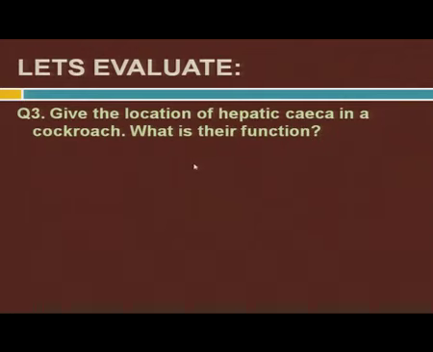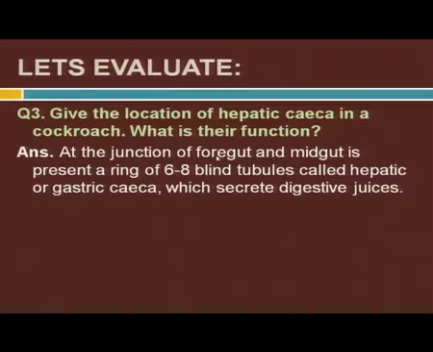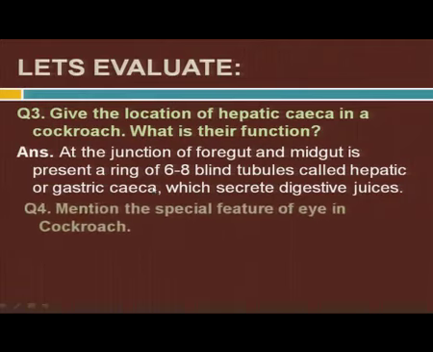Next question, give the location of hepatic ceca in a cockroach. What is their function? When we learnt about the alimentary canal, we saw that hepatic ceca is present at the junction of the foregut and the midgut, in the form of a ring of 6 to 8 blind tubules, which are known as hepatic or gastric ceca. They secrete the digestive juices.